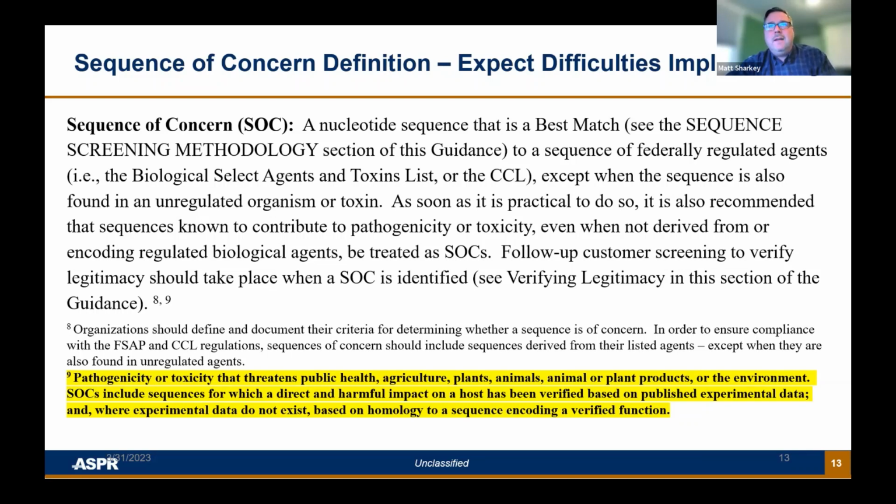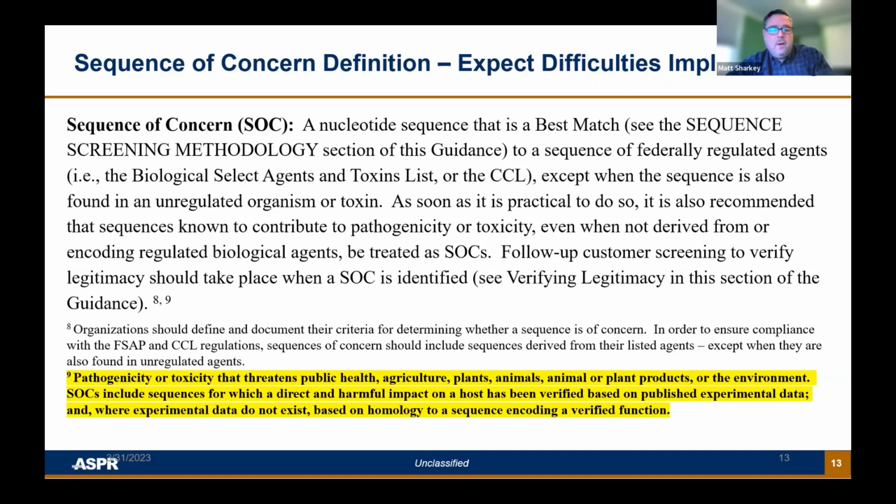We hoped to mitigate the implementation of this by asking users to preemptively let providers or benchtop devices know if their order contains sequences of concern. So they should preemptively say, yeah, I'm ordering a sequence of concern, and here's some information to verify my legitimacy.